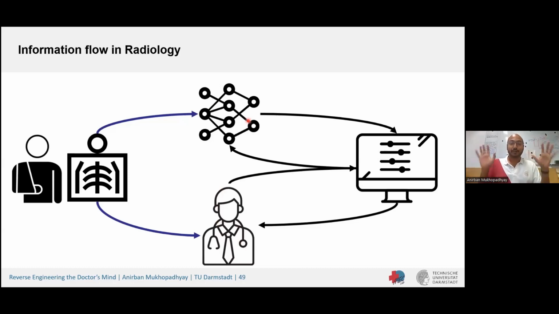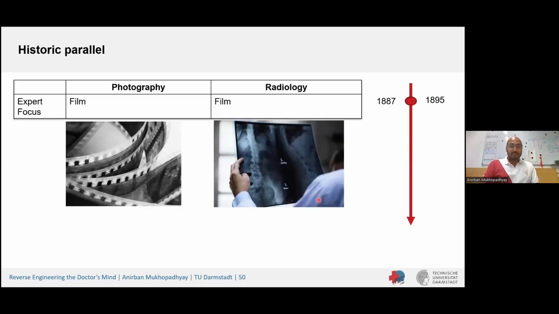To understand the problem, let's talk a little bit about the history. Radiology happened quite in parallel with photography.